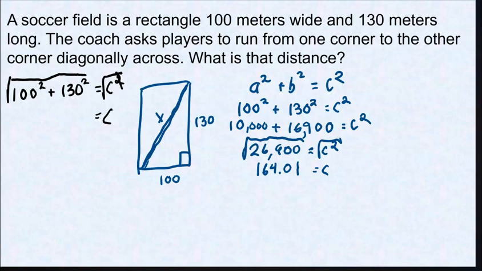A large enough, powerful enough calculator will produce the same results. I paused the video just to check to see if I would have gotten the answer in square root form, and I did not. I got the same answer as I did doing this the long way.